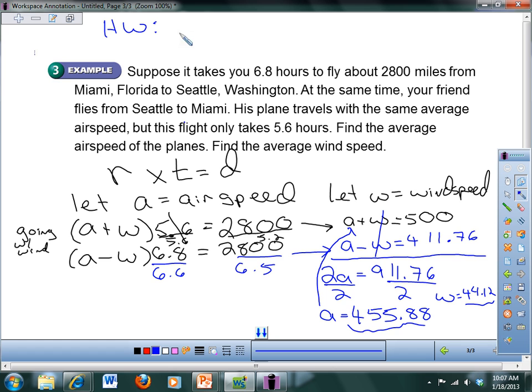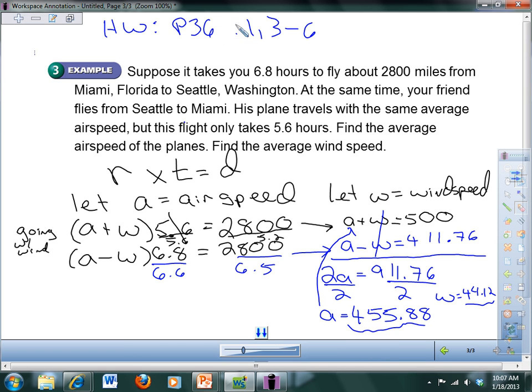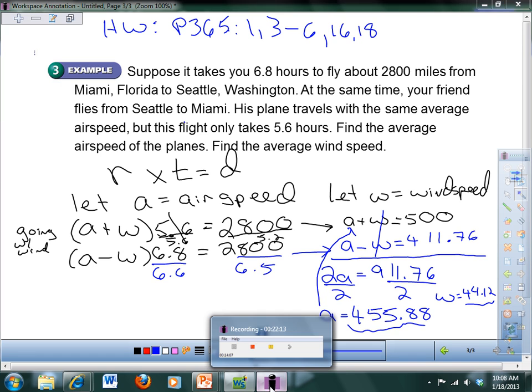Homework, page 365: number 1, 3 through 6, and 16 and 18, and that's it, okay? So it's not all that much, right?